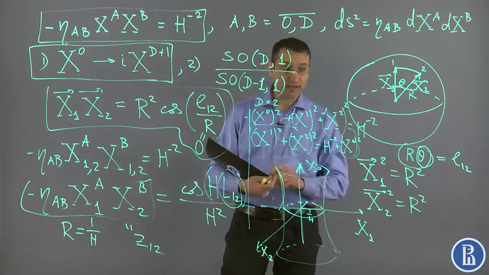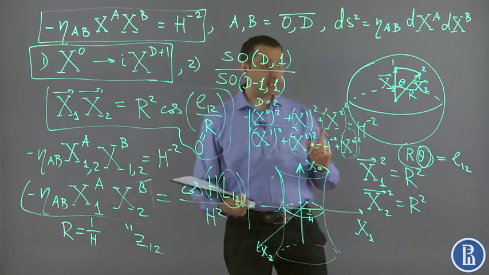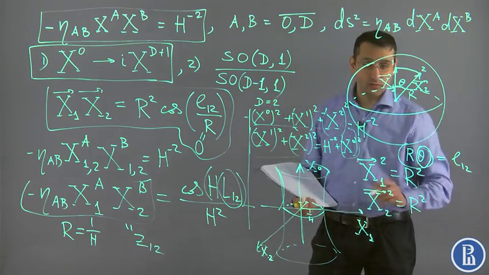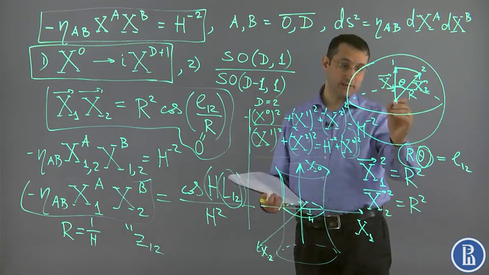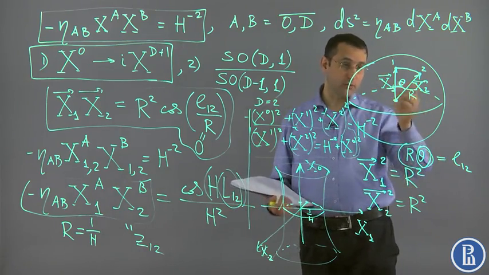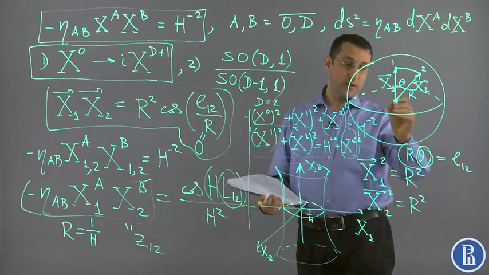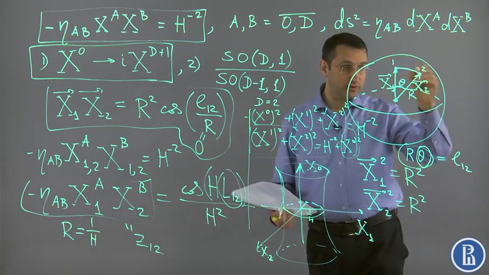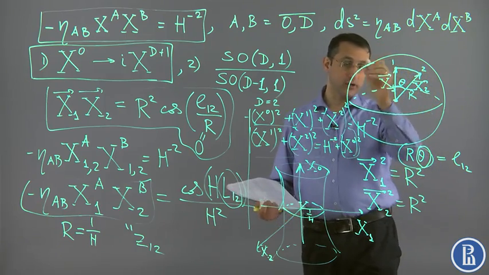And one last thing that I have to say is the following. How do we obtain geodesics on the sphere? Suppose we want to find a geodesic between points 1 and 2. We take a plane which goes through these three points, this one, these two, and the origin. There is a unique plane.